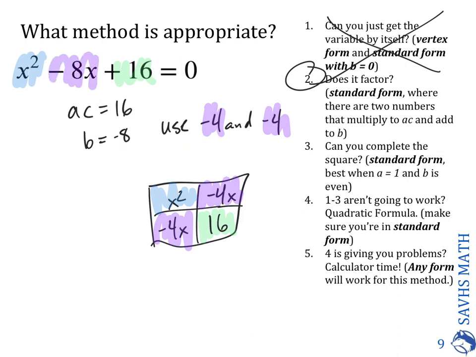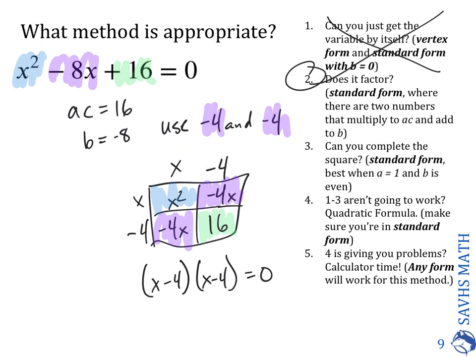So what goes on the outside? We get x, we have negative 4, we have negative 4. Okay. I did this quickly because I know that you know how to do it already, but just be careful. What we have is x minus 4 times x minus 4 equals 0.